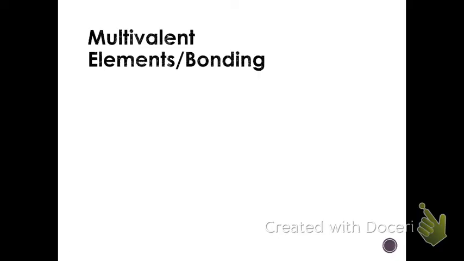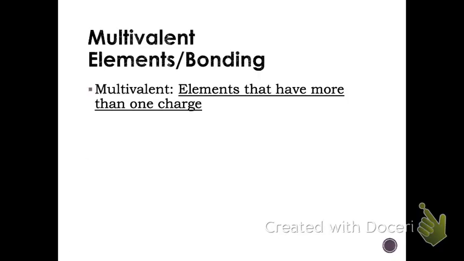All right, so continuing on in our notes in Notability, these are called multivalent. Multivalent is just a fancy word for elements that have more than one charge. In this class, we're going to be looking at metals. In fact, most of these multivalent elements are transition metals.